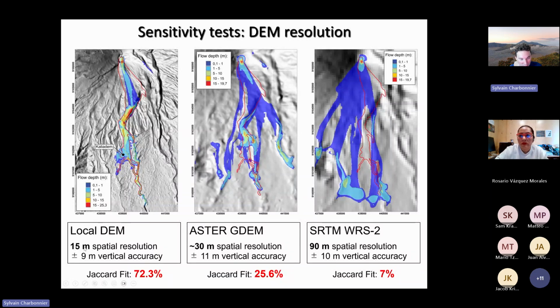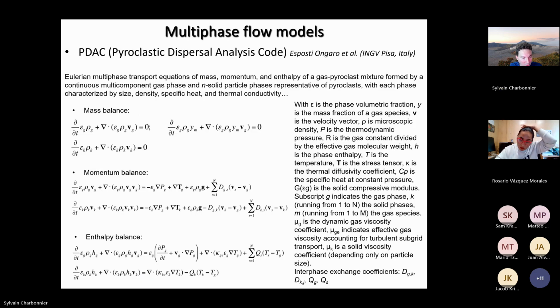Try to get the best resolution, and the vertical accuracy is also very important because you want the topography to be correctly reproduced in your digital elevation model. These models are really sensitive to the topography you're using, so the quality of the DEM is very important.